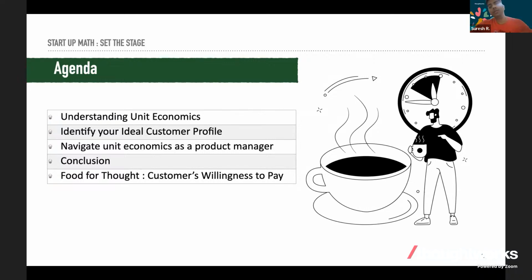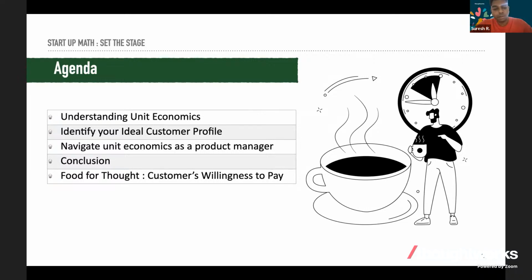Before we get into the unit economics itself, we need to understand whom we are building the product for, because that information is going to eventually come into the calculations we do for the math behind how we project our customers and the numbers. Third, we will navigate through the calculations itself.